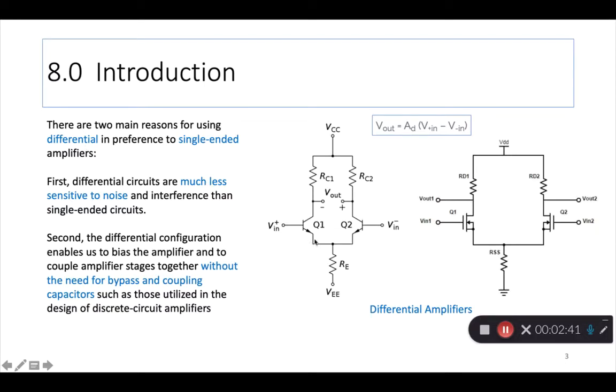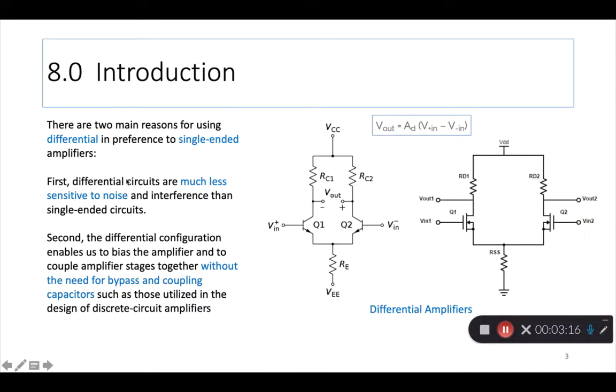For the differential amplifier, the input is on the two bases of these NPN transistors, or on the MOSFET side, on the two gates of the NMOS. The output is then collected across the two collectors or the two drains in this circuit.